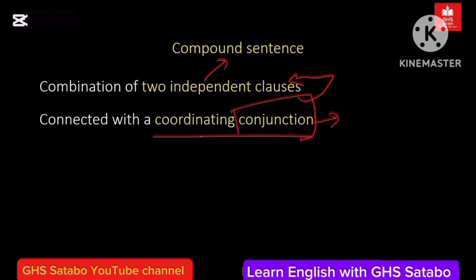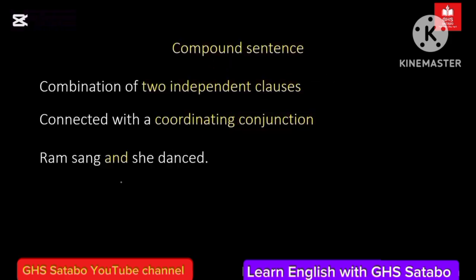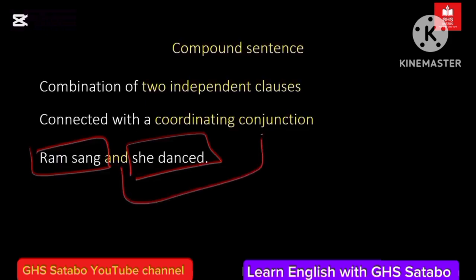Very well, let's look into some examples. Ram sang and she danced. If you look here, Ram sang is one clause, she danced is the second clause, and we join them together with the conjunction that is and. So when I say a clause, Ram is a subject, sang is a verb. Over here, she is a subject, danced is a verb.